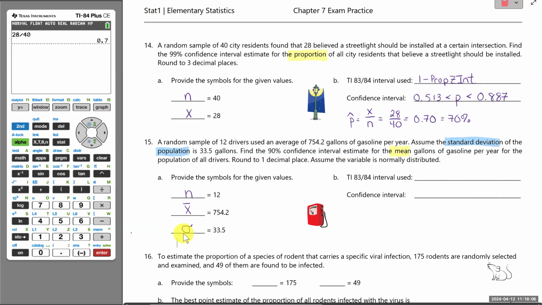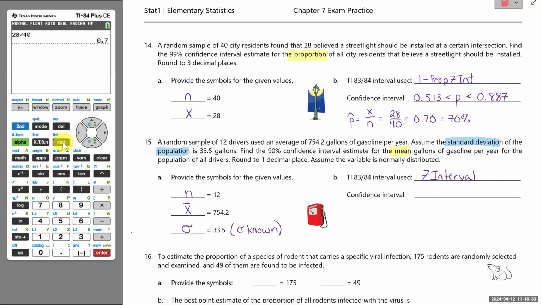All right, so we are estimating an unknown mean, and we have a known population standard deviation. And in that situation, we use a Z interval. So I'm just going to indicate over here, we call that case sigma known. So if the sigma is provided, population standard deviation, that's how we know that we'll use the z interval.